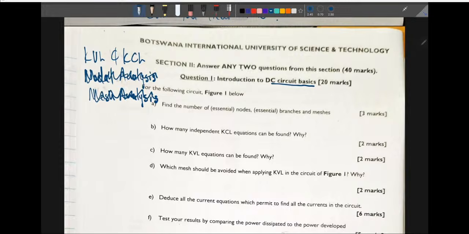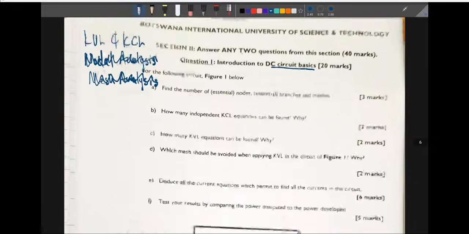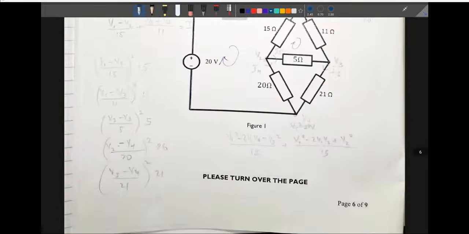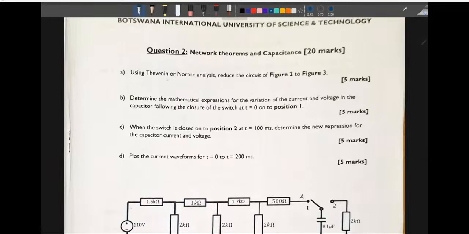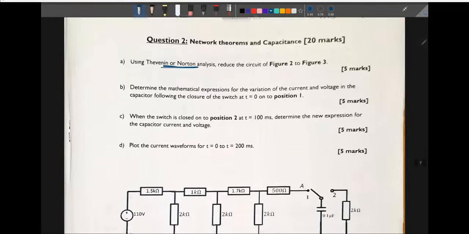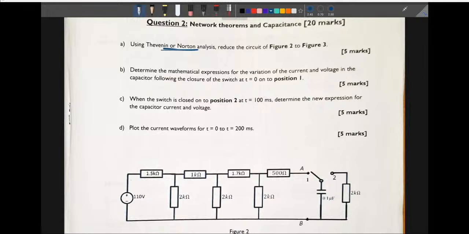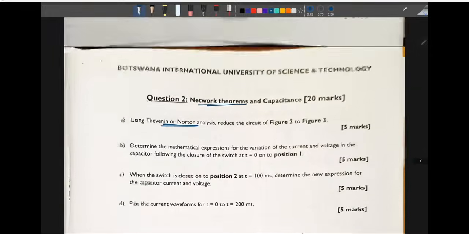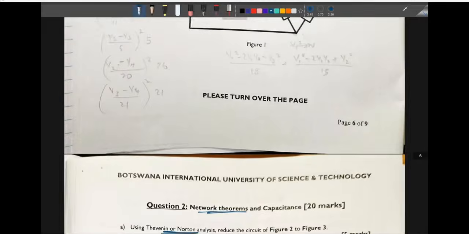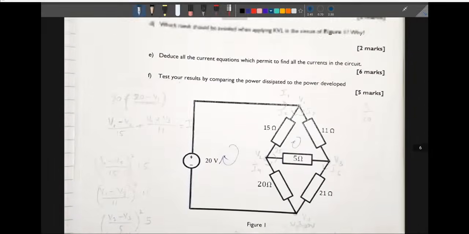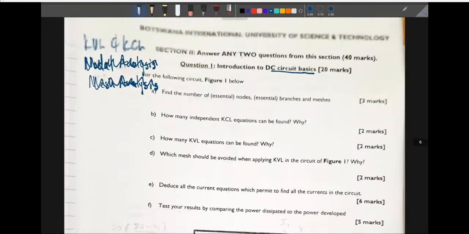So let's say you get a question to do with KVL and KCL. Then in here you're going to do your Thevenin and Norton, and you're going to do your capacitor. So there's going to be a capacitor within your network theorems. Number 1 is your KVL and KCL, and number 2 is your network theorems.